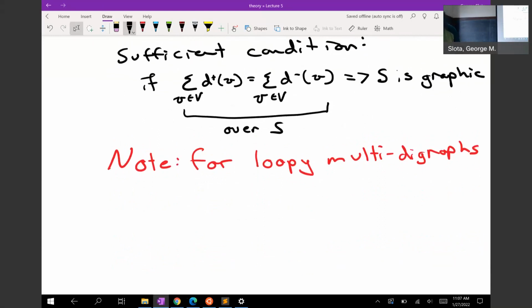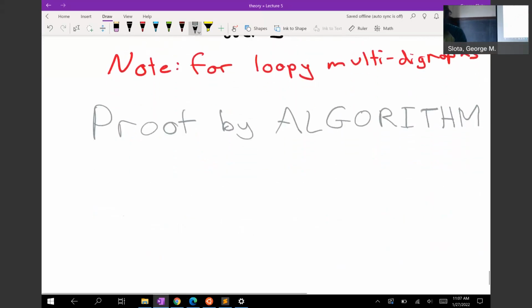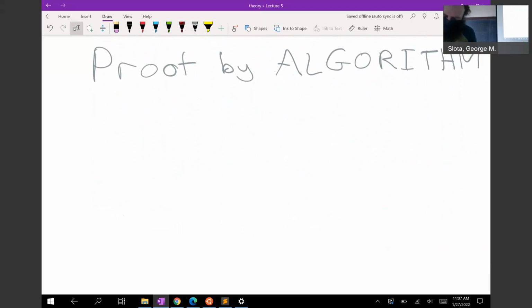So how can we prove it? Proof by algorithm. All right, let's go. It's proof by algorithm.